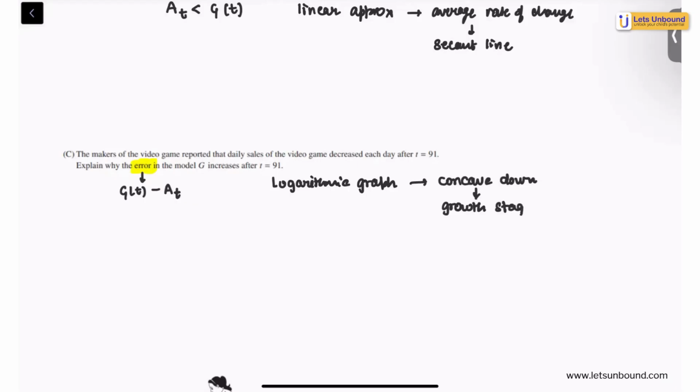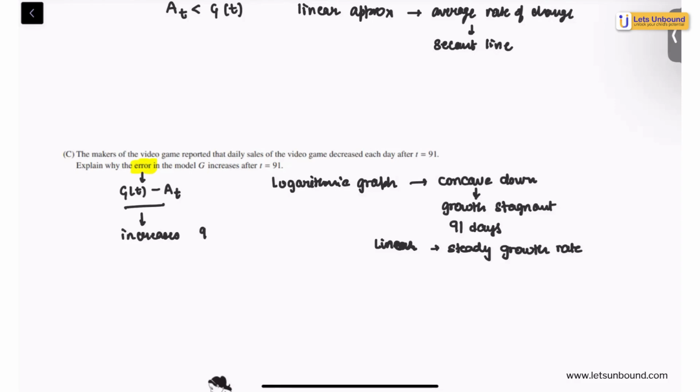And since it's becoming stagnant after 91 days, and linear has a steady growth rate, it keeps increasing. Hence, the error, the residual between G(t) and A(t), keeps increasing after 91 days.